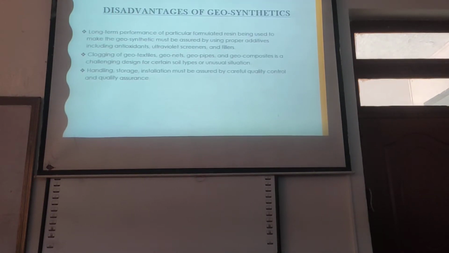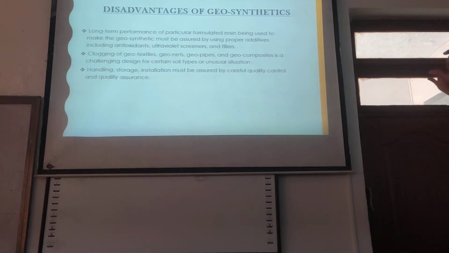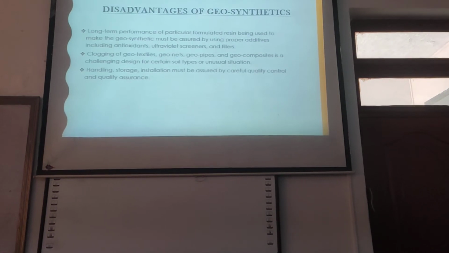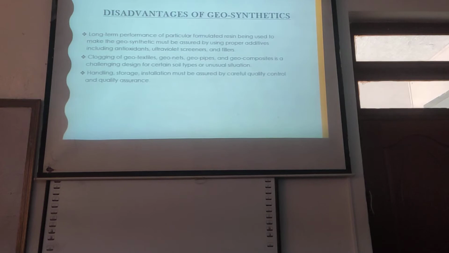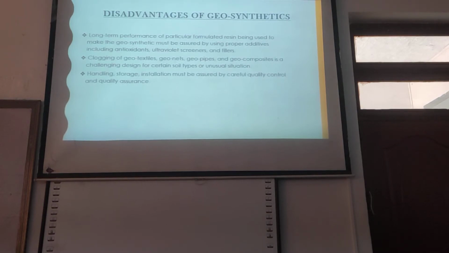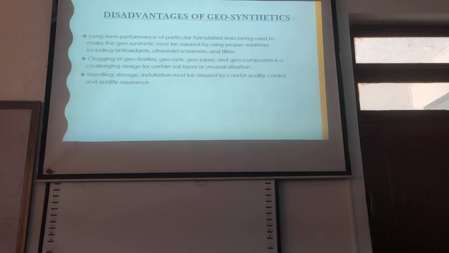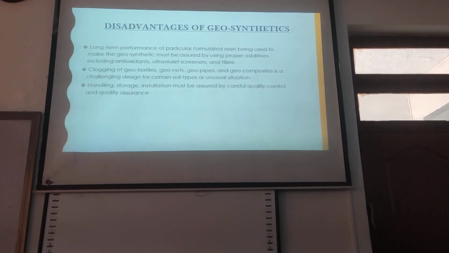Now, where we have some advantages, we will have some disadvantages too, because nothing is perfect. Long term, now this is a very big statement. Now I would like to cut it short. Sometimes we are encountered with some unforeseen circumstances like acid rain, which has been pretty common in Pakistan for 14 to 15 years. And in areas where there are chemical industries, there is a release of UV rays.